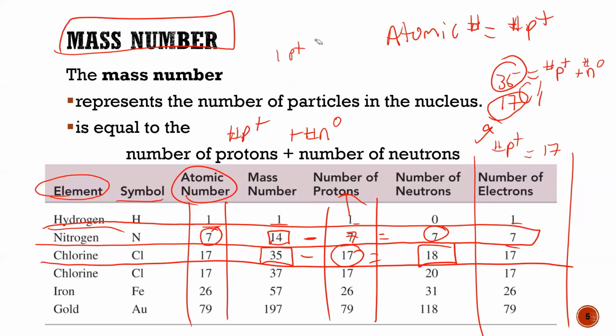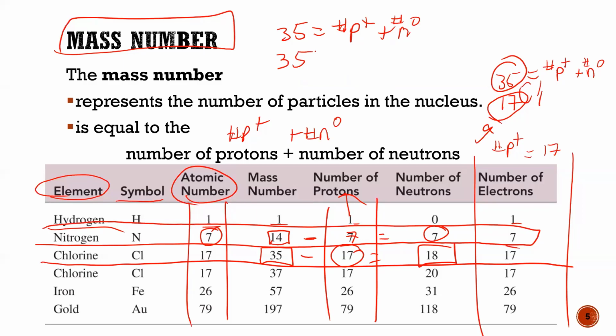I could do the algebra for you guys. Let me do the algebra, because some people might be getting confused. I'm talking a little fast. So 35 equals the number of protons plus the number of neutrons. That's my mass number. 35 equals, well, the number of protons for chlorine is 17.